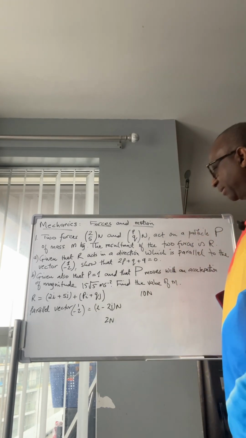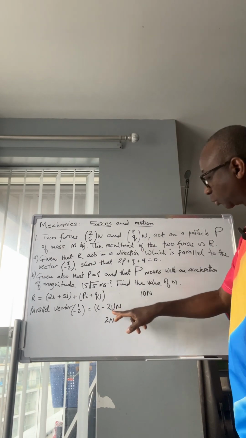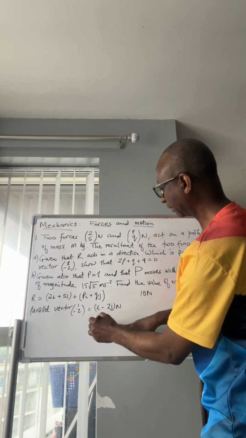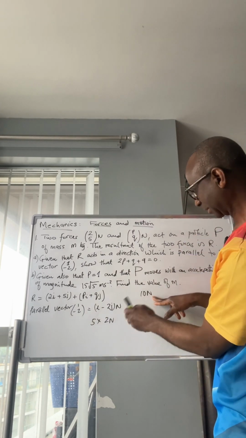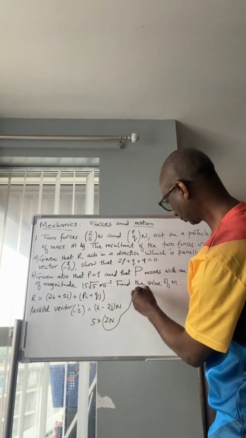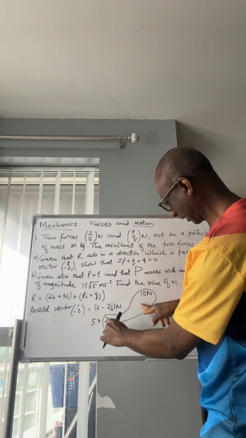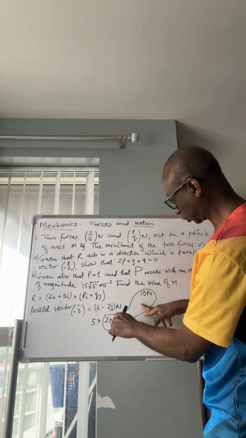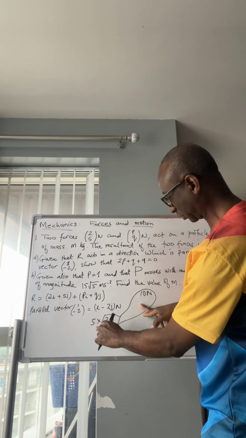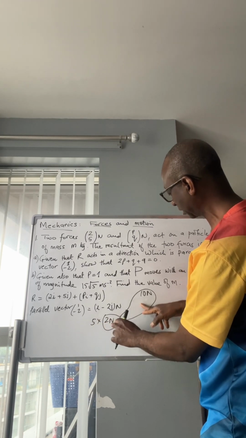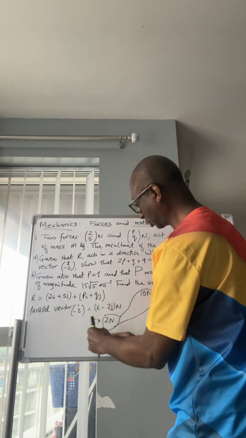If these two are parallel, this one must be multiplied by 5 to make it equal 10. In order to make them equal, you have to multiply this by 5, so that 5 times 2 will be 10 newtons and 10 newtons. So if two vectors are parallel, one is a multiple of the other.